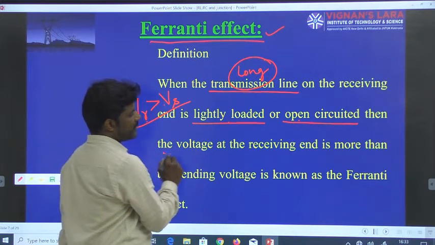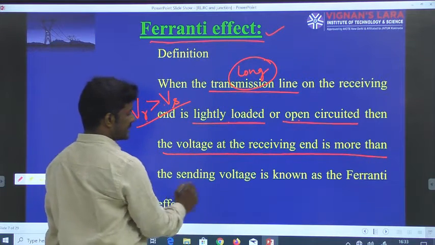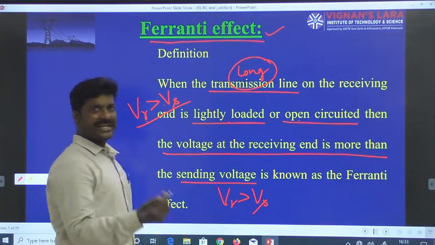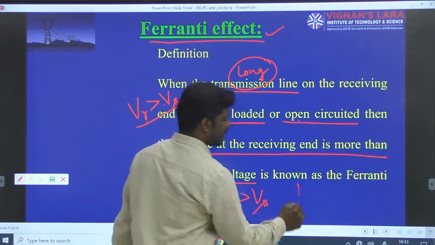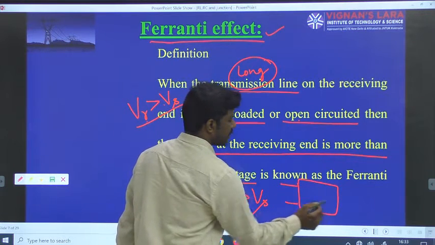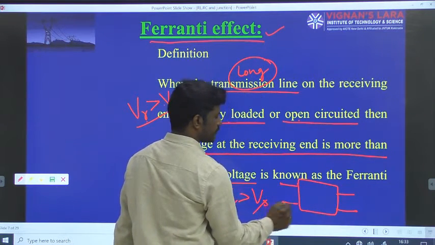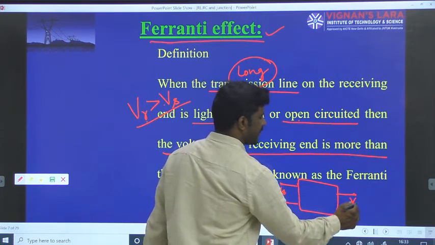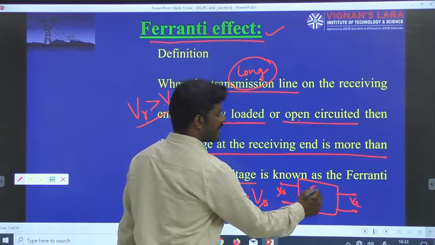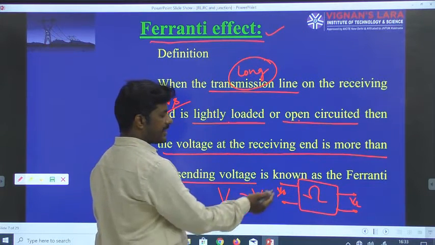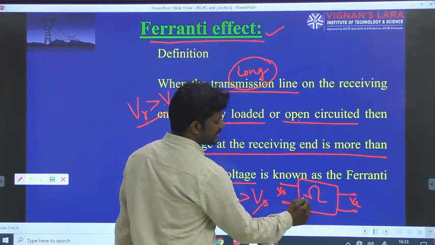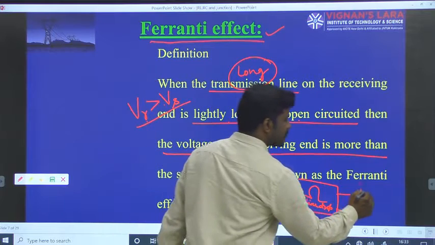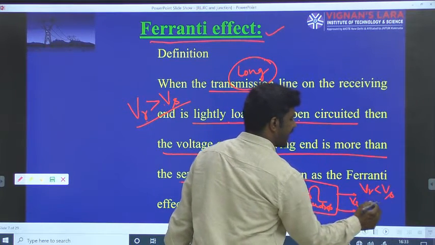Here the voltage at the receiving end side is more than the sending end voltage, VR greater than Vs. In general, consider any transmission line represented as a black box having two ports, sending end port and receiving end port, with the voltages Vs and VR. Because of the ohmic values present in the transmission line, whenever it is loaded, line drops will exist, so that the magnitude of VR will be less than Vs as a general case.